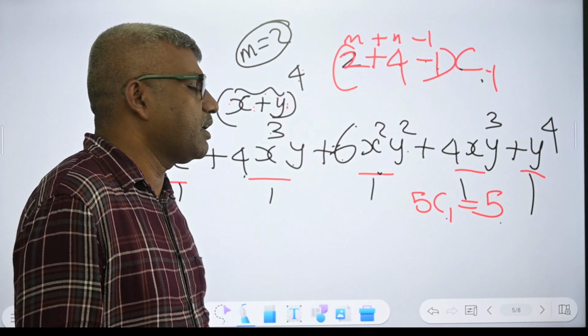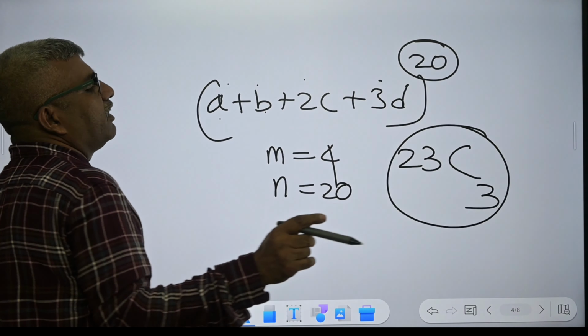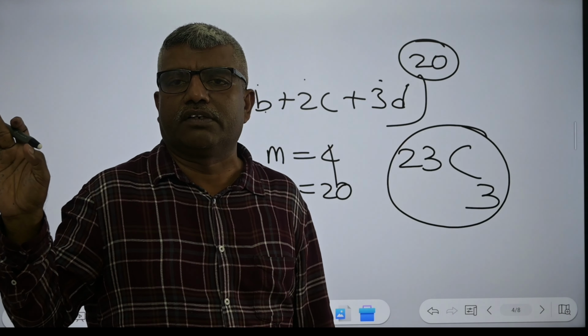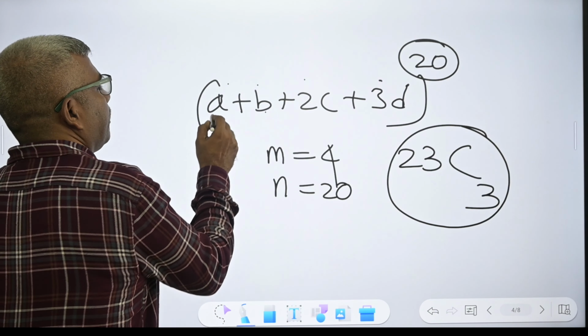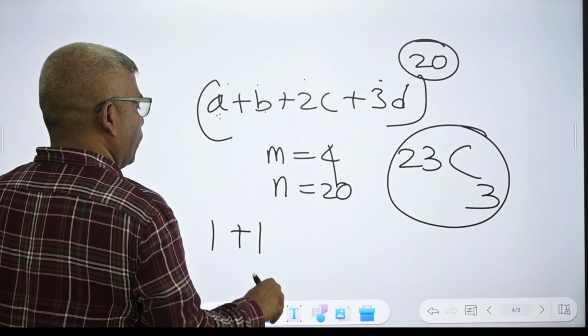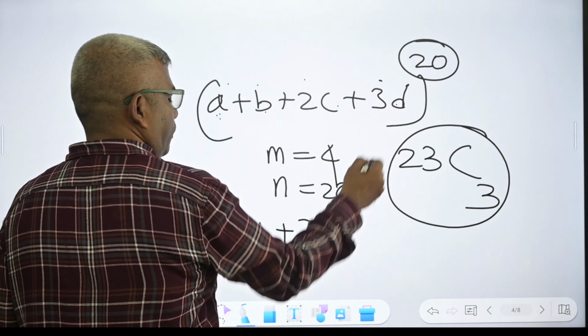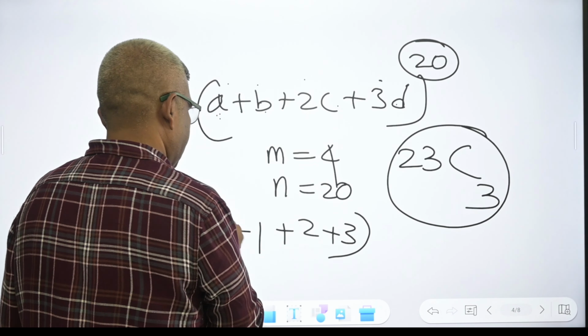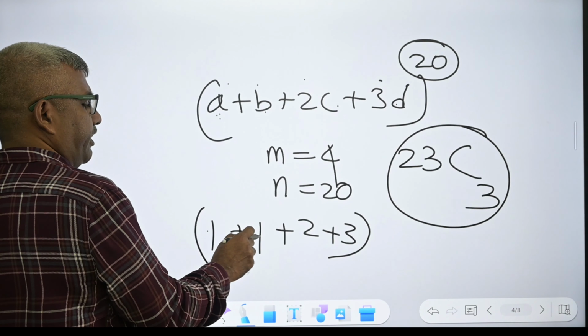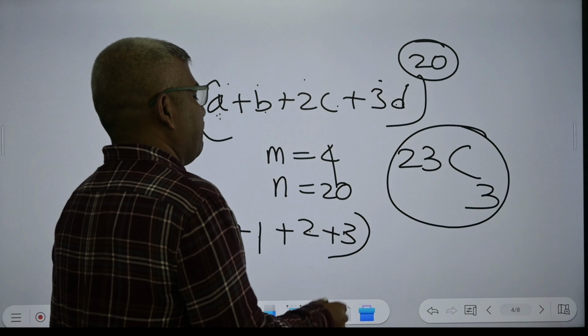Here, you put all the variables equal to 1. So a is equal to 1, b is equal to 1, c is equal to 1, so what will be 2? d is equal to 1, it is 3. So 1 plus 1 is 2, 2 plus 2 is 4, 4 plus 3 is 7. 7 power 20.